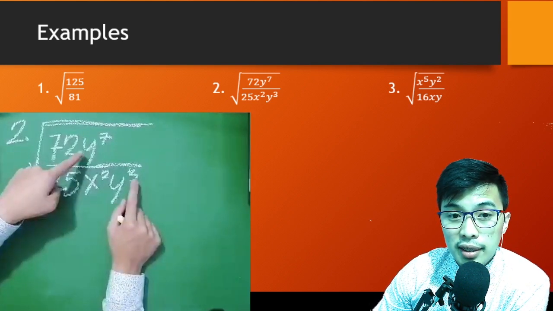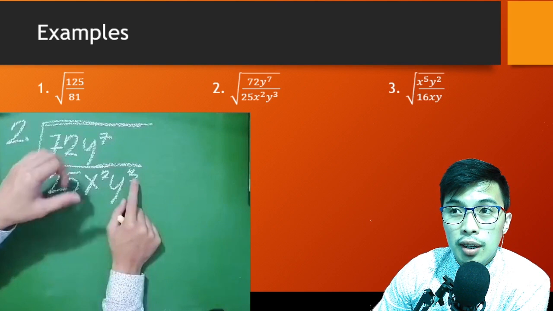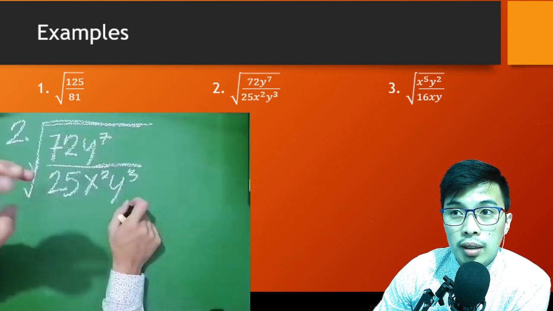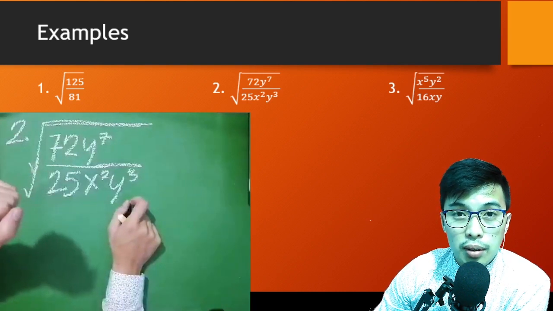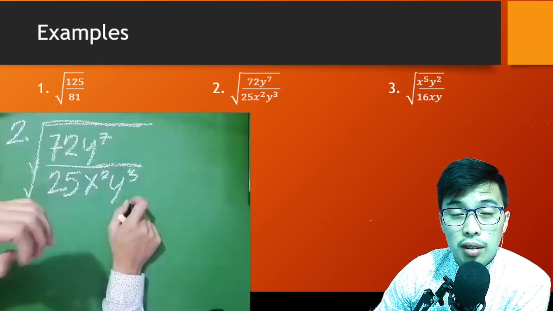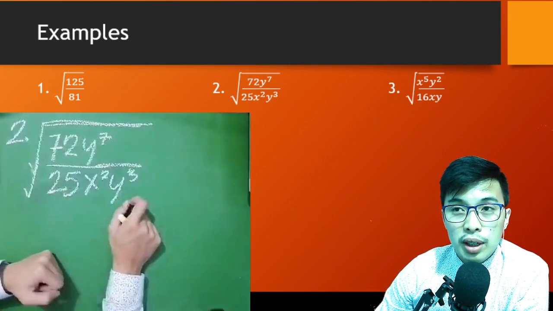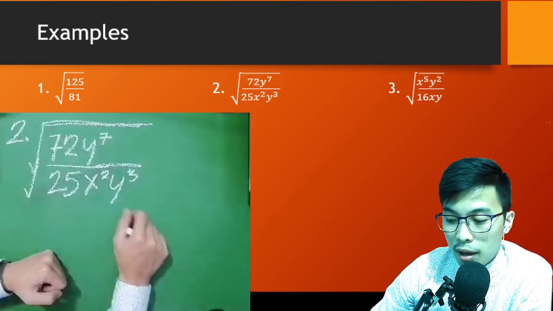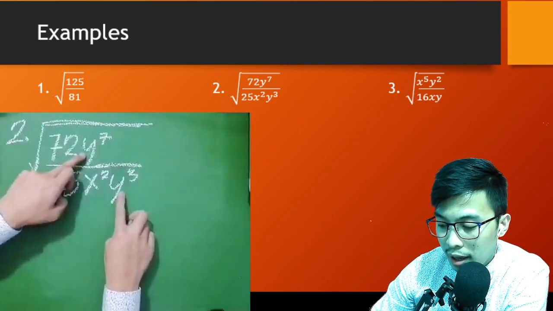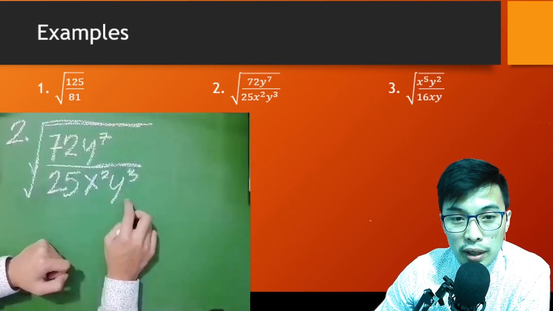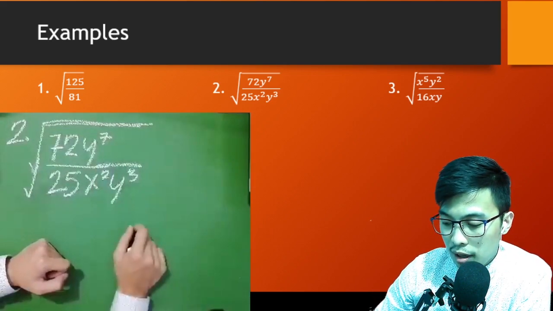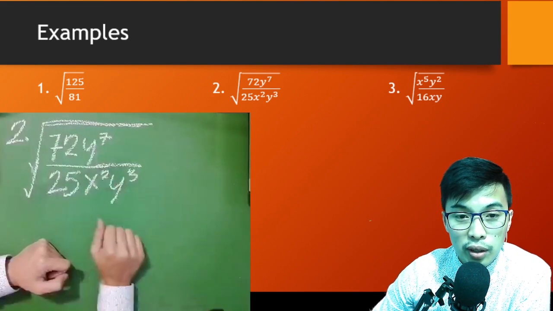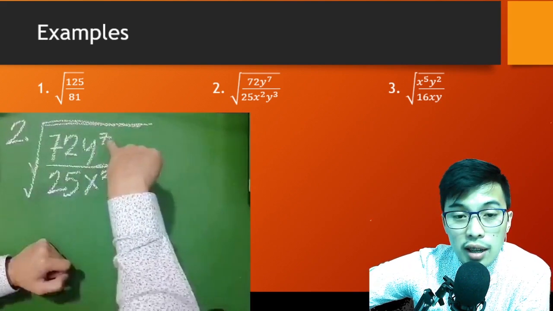Okay, we can simplify this by applying the laws of exponent, which is the quotient law, or quotient rule, I should say. If we're gonna apply this, we just copy the base, which is y, and then we subtract the exponent, which is 7 minus 3. Since larger si 7 at nandun siya sa numerator, dito na lang tayo magma-minus ng 3.